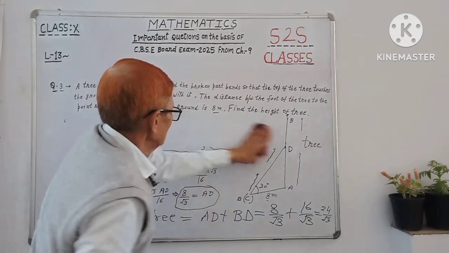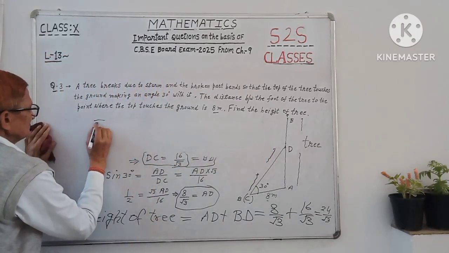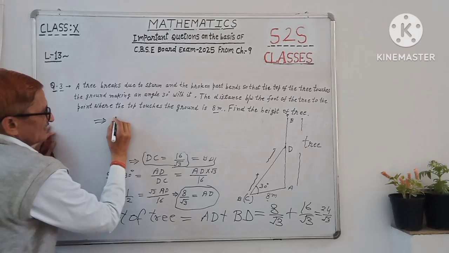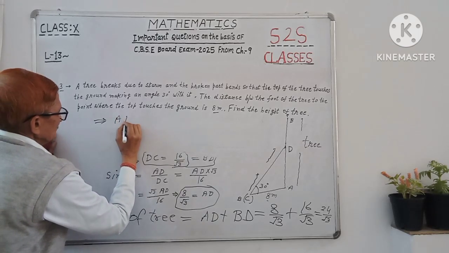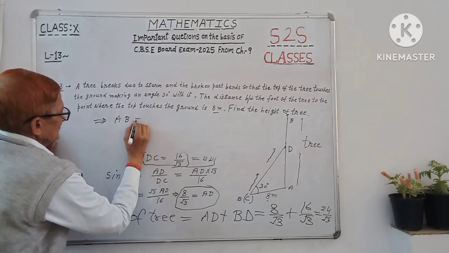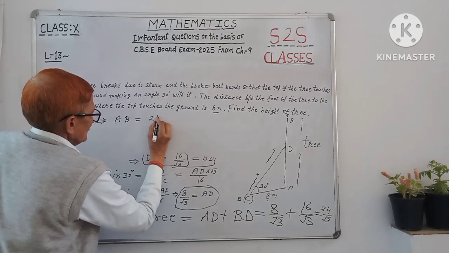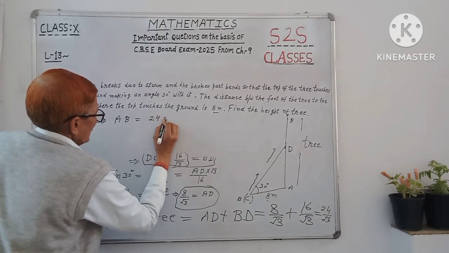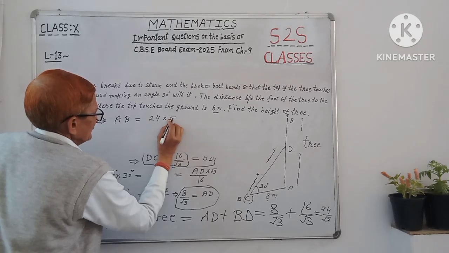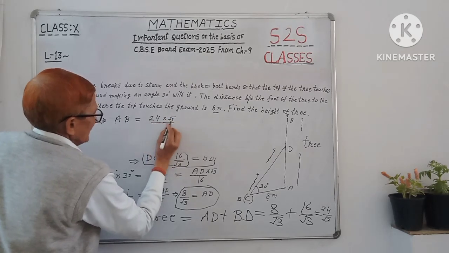Okay son? So this implies AB, the height of the tree, is equal to 24 multiplied by √3 up and down, in numerator and denominator.